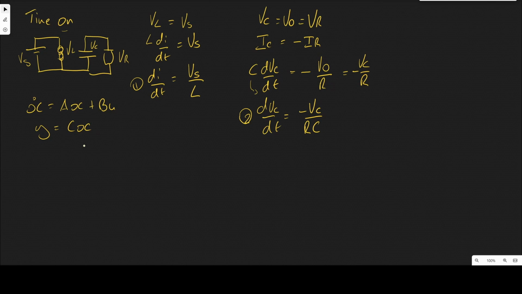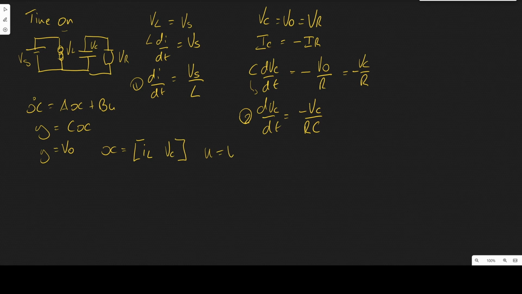Now we are choosing y to be Vout in this case, and our states to be the inductor current and the capacitor voltage.